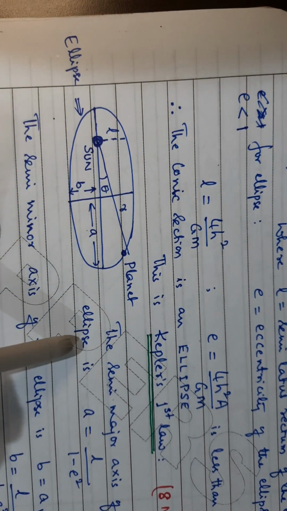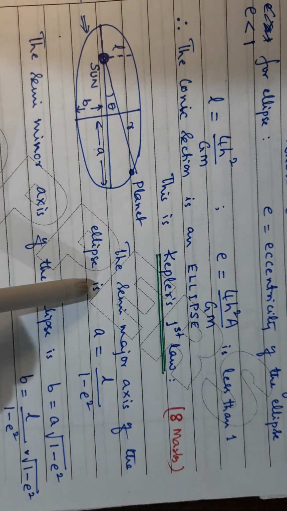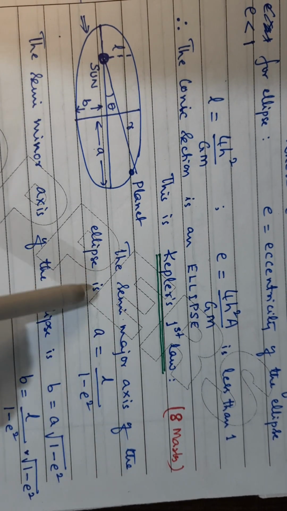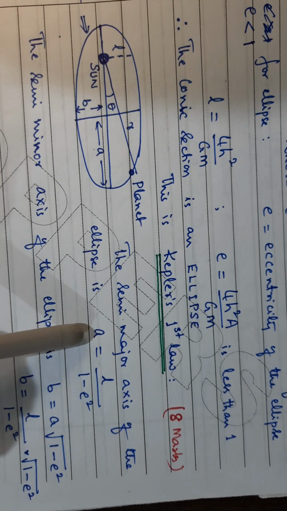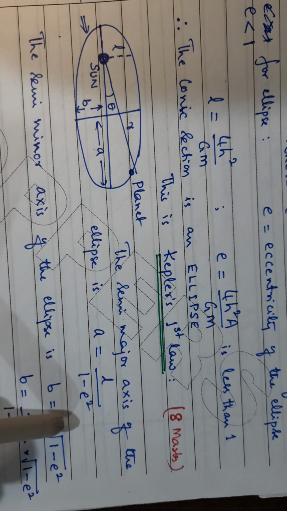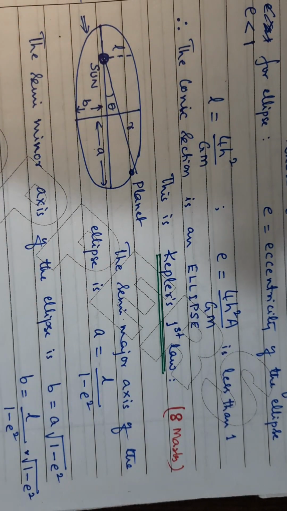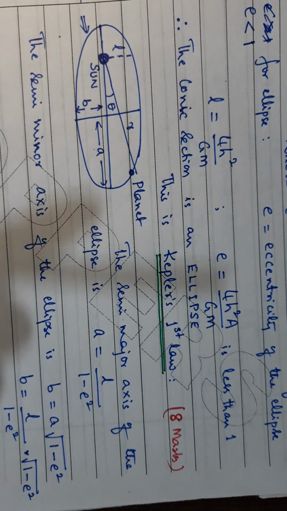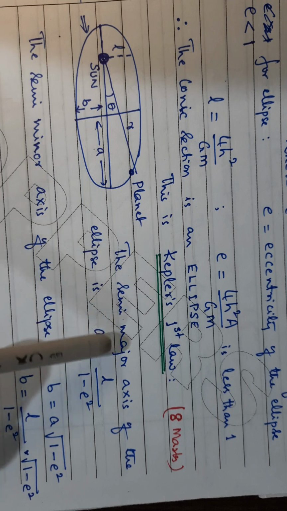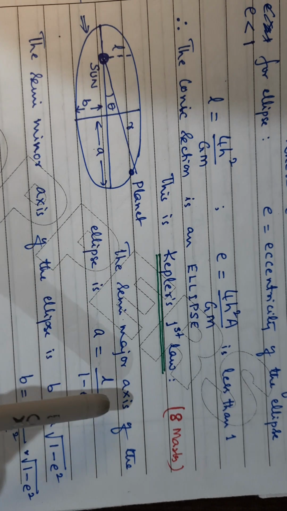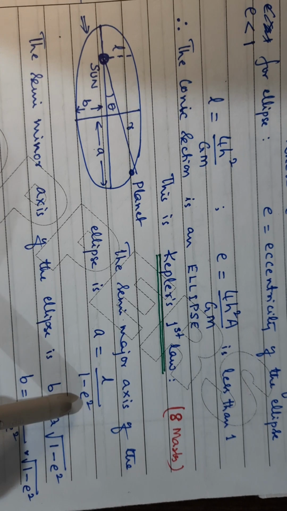The semi-major axis of the ellipse is given by, according to your 11th or 12th standard mathematics, L divided by 1 minus E square. This is the formula: A is equal to L divided by 1 minus E square, borrowed from the courses you have studied previously. Here L is the semi-latus rectum, E is the eccentricity.